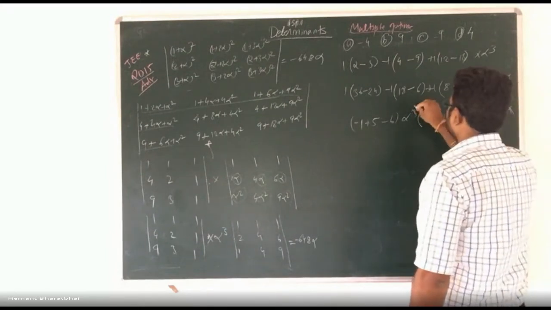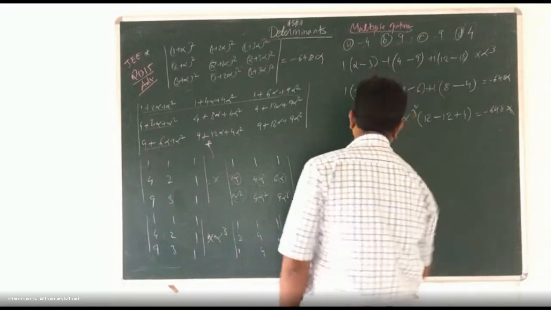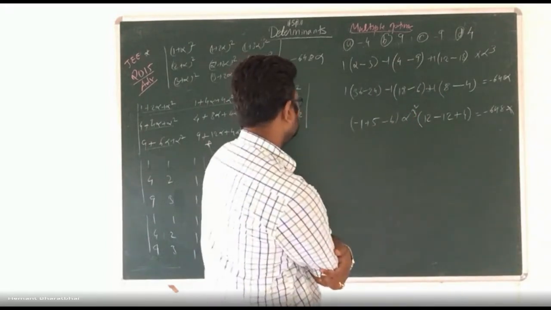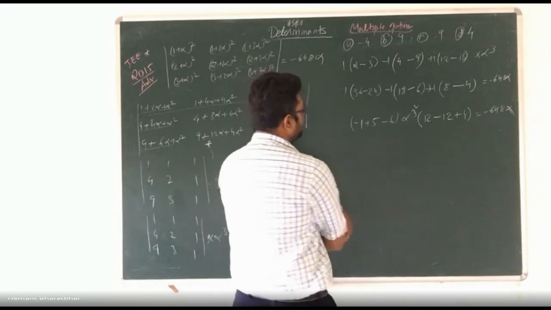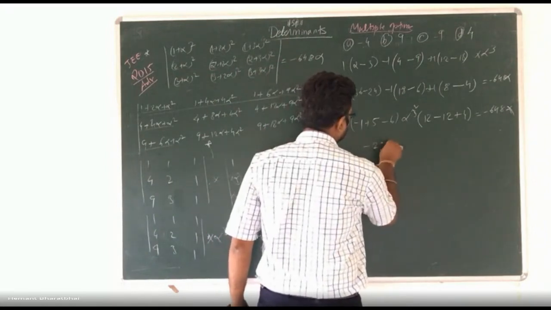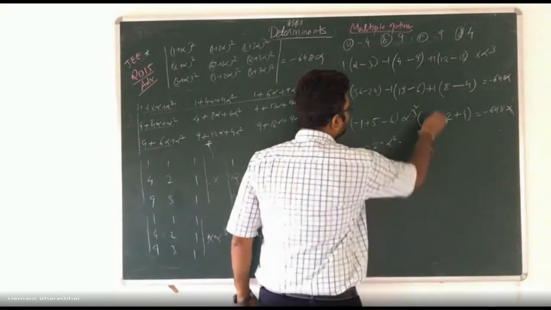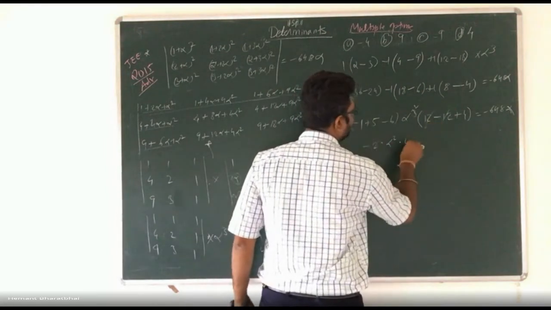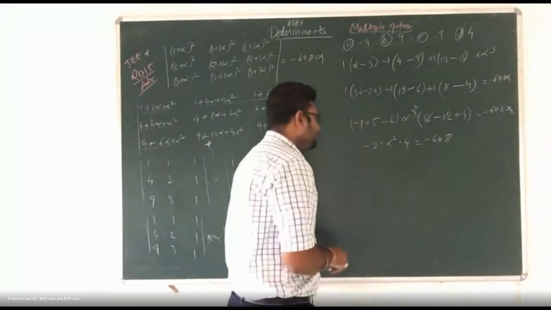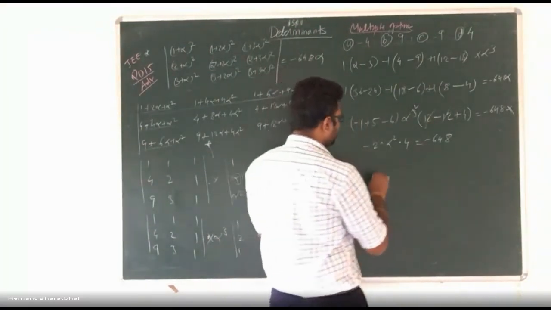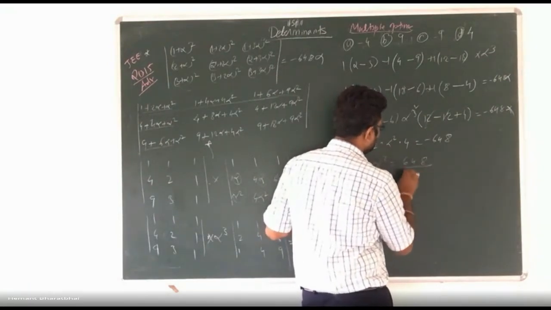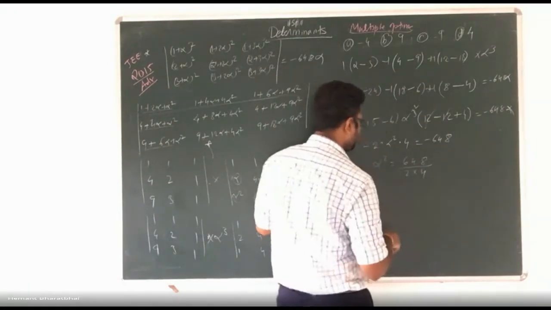One alpha will get cancelled, so I'll get here alpha square. So 5 minus 6 minus 1 minus 1 will give me minus 2 into alpha square. 12 minus 12, and here I'll get 4, is equal to minus 648. Minus sign gets cancelled, so I'll get alpha square is equal to 648 upon 2 into 4.